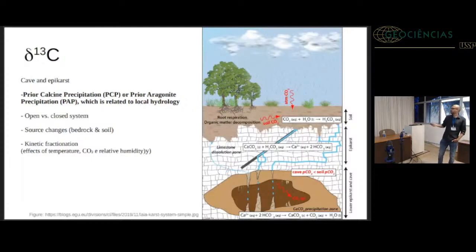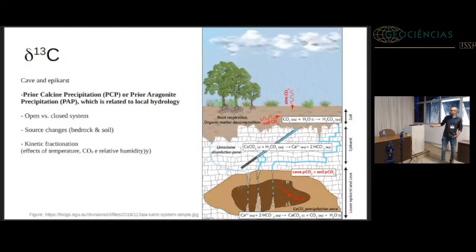But when this happens, what do you need to precipitate more calcite before the stalagmite? If you look at the equation here, when you precipitate the speleothems, you need to remove CO2, you need to remove water from the solution. So if you are removing water in the fractures here, removing CO2, if you have degassing of CO2 in this fracture, you are precipitating speleothems in these fractures here.